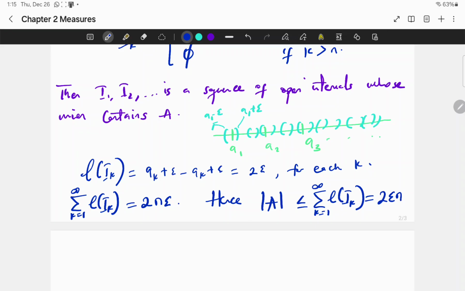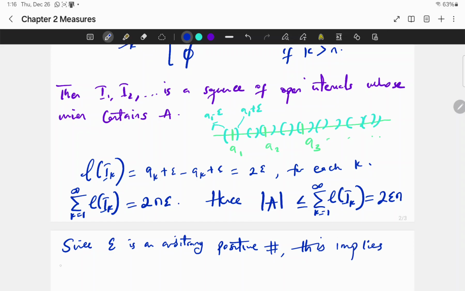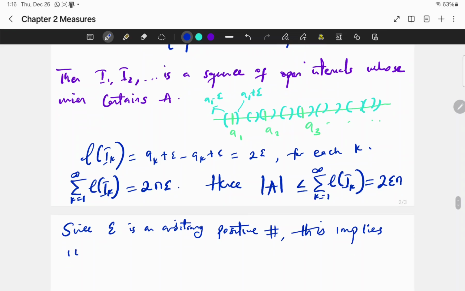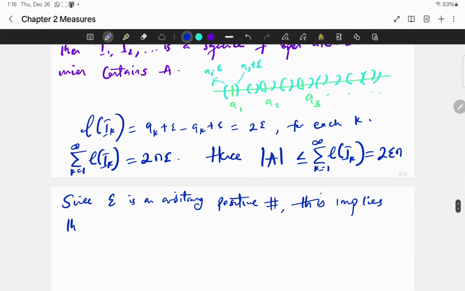So since epsilon is an arbitrary positive number, this implies that the outer measure of A equals 0.